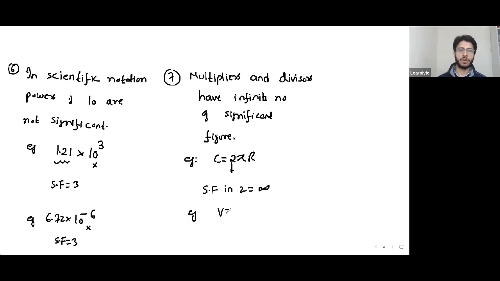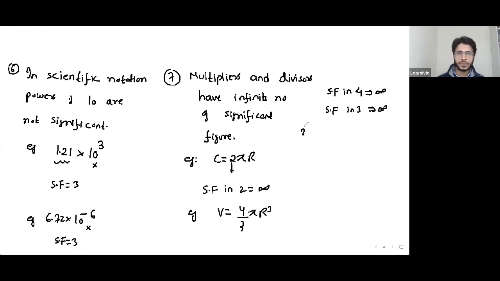Similarly, if I take the volume of a sphere, this is 4 by 3 pi r cube. This 4 and 3 both are not measured values. They won't have error. These are just multipliers. So you can say that the significant figures in 4 are infinite. Similarly, the significant figures in 3 are infinite.